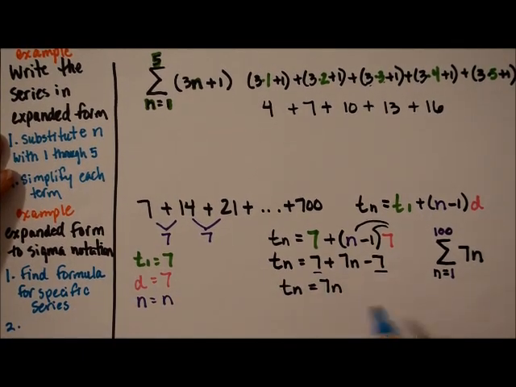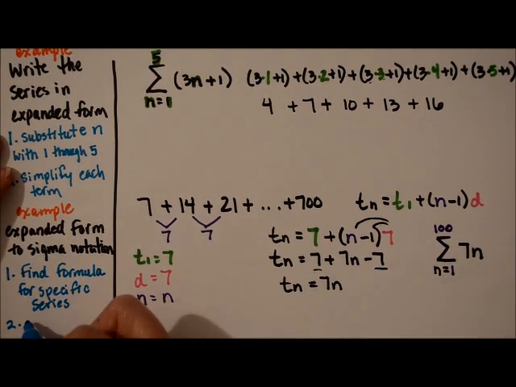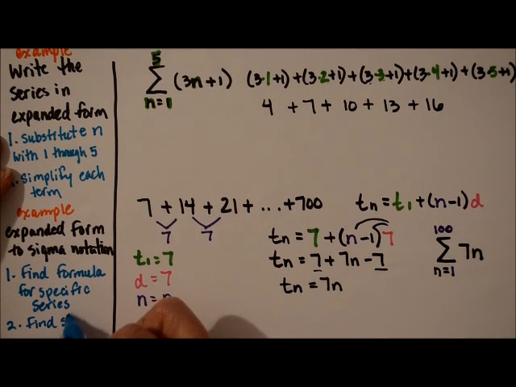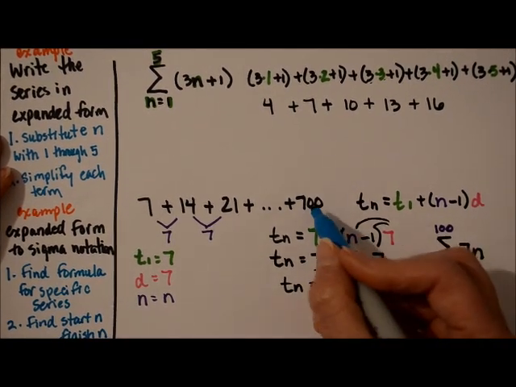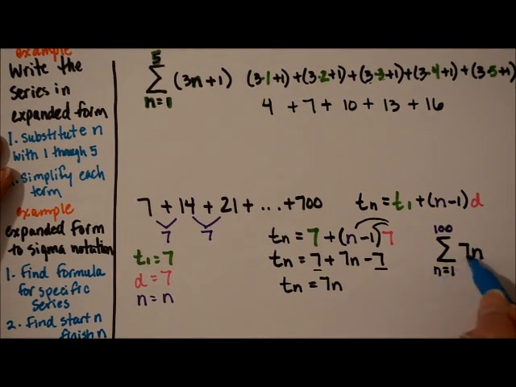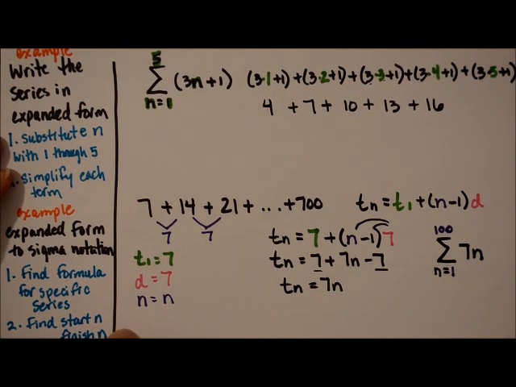And then all you have to do from there is find your starting n and your finish n. And that's just by setting them equal. 7n equals 700, solve for n. 7n equals 7, solve for n. Okay, and then that would be right in sigma notation.